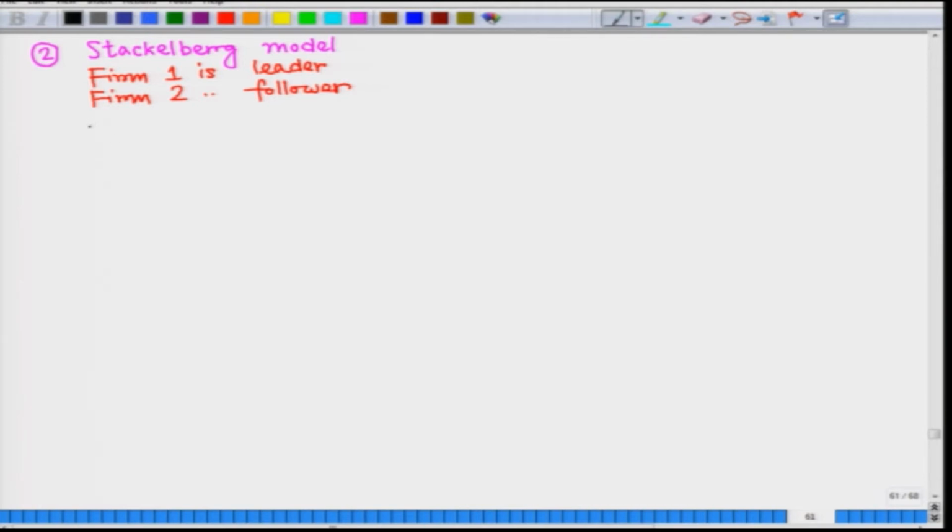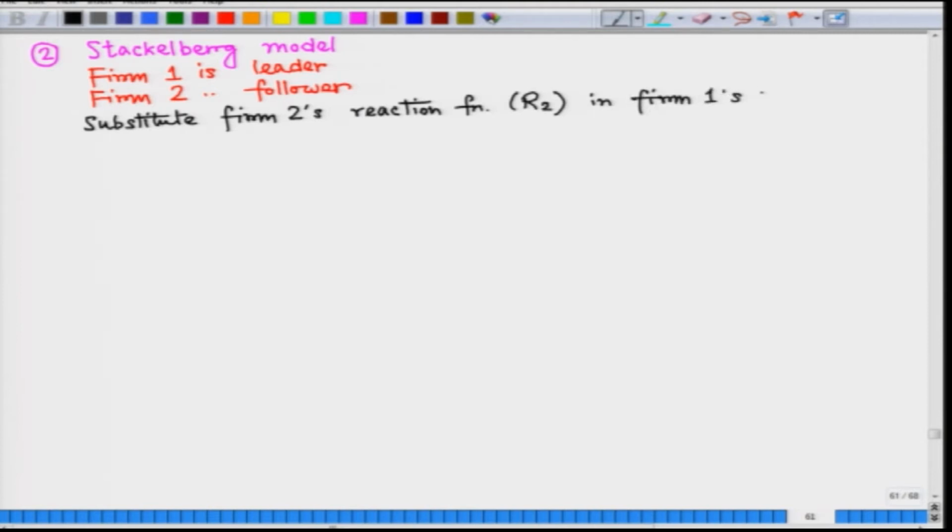So, firm 1 will now substitute the opponent firm's reaction function, which is R2 that we have just derived, in its profit function, right.